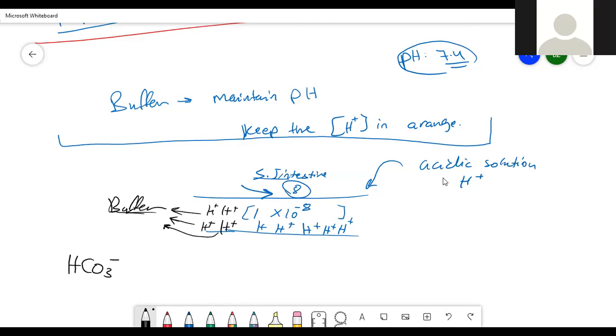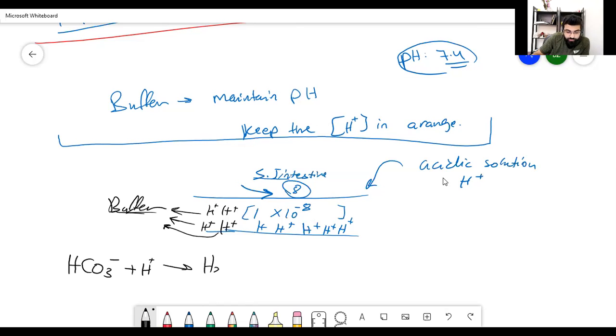This buffer, HCO3 minus, is able to react with H plus and becomes H2CO3. So no H plus anymore. Got it? So many HCO3 minus are there, working on binding with H plus if there is excess H plus.